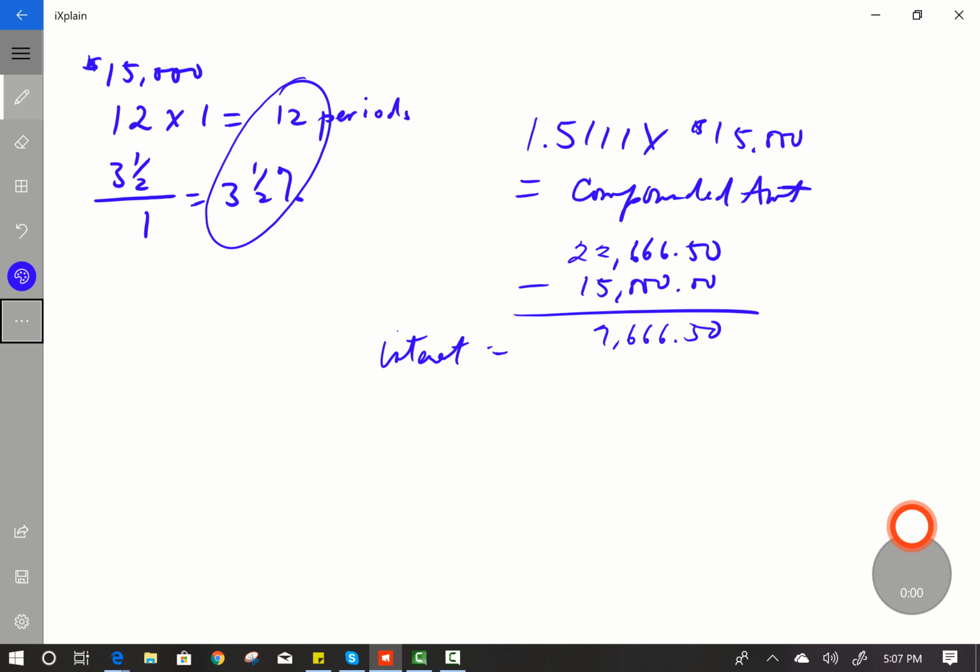Okay, let's take a look at number 3. Number 3 is a 6-month investment. We're going to invest $15,000 for 6 months at a compound rate of 6%.